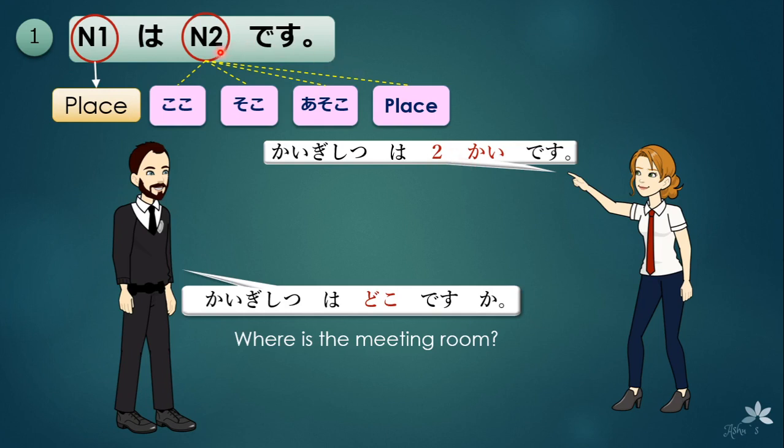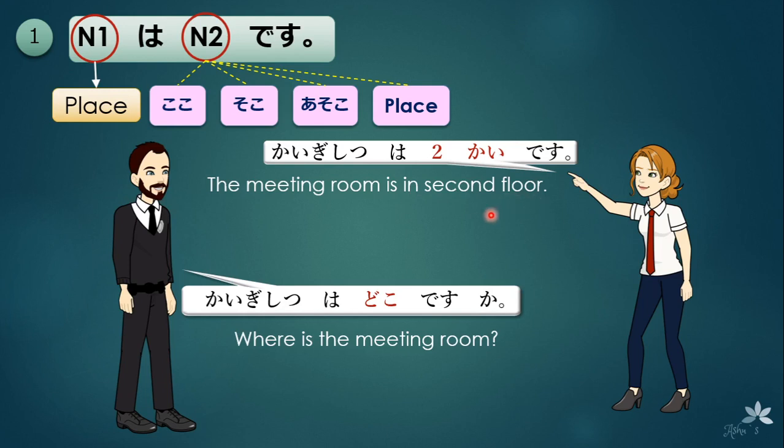In place of N2, we haven't used koko, soko, asoko, but we have put another place there, that is the second floor. So she's saying the meeting room is on the second floor.